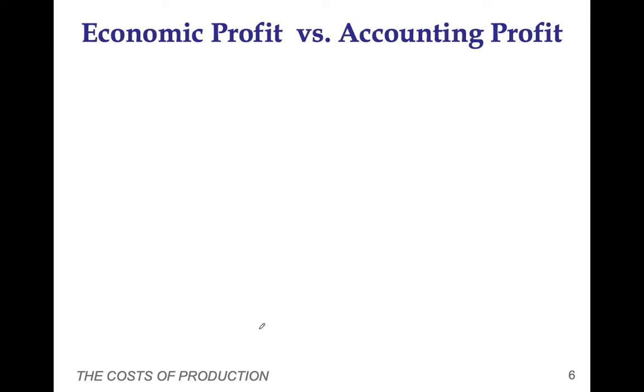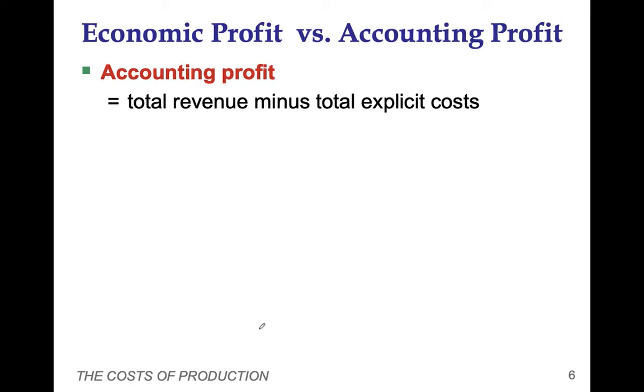Why do we consider implicit costs? This distinction matters because economists, as I said, assess costs differently than accountants. For example, accounting profit should be equal to total revenue minus total explicit costs.